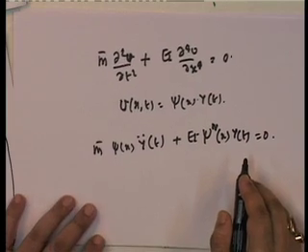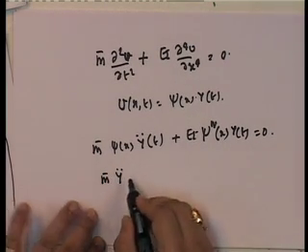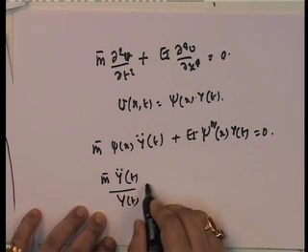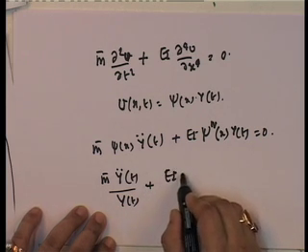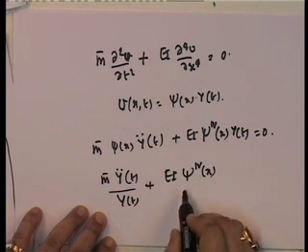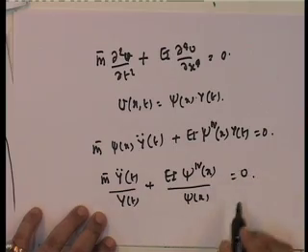Again, I am going to divide throughout by this term, and so what I get is m y double dot upon y, okay, plus E I xi fourth derivative upon xi is equal to 0.